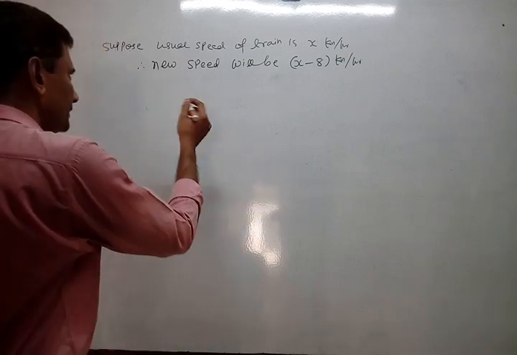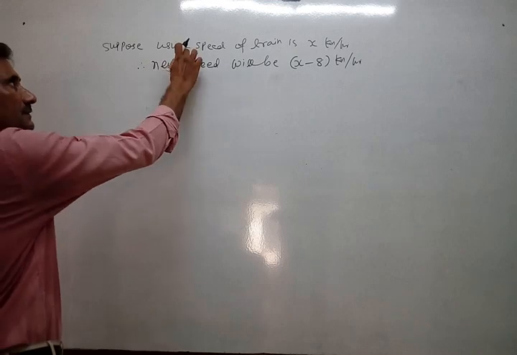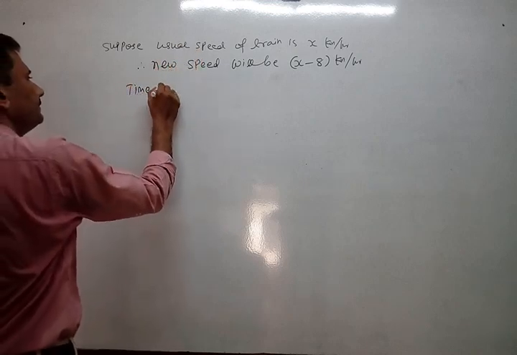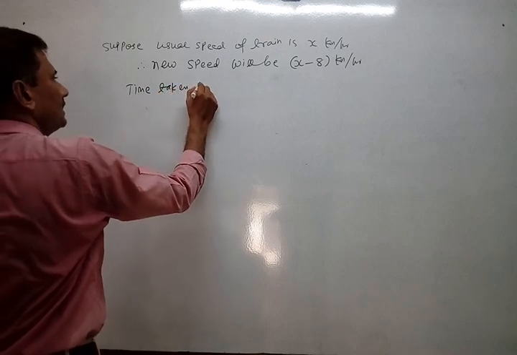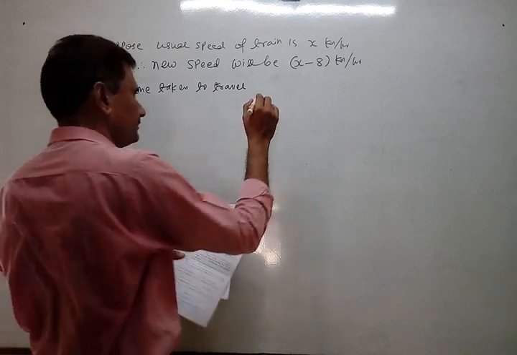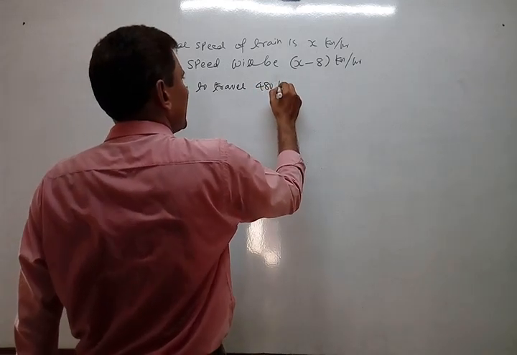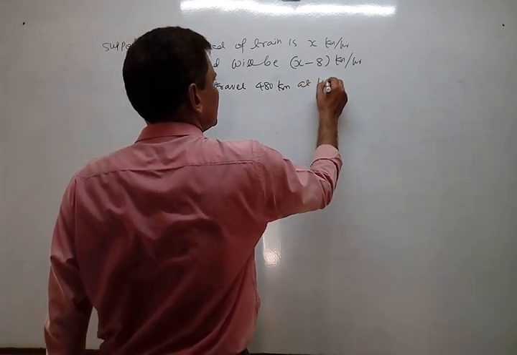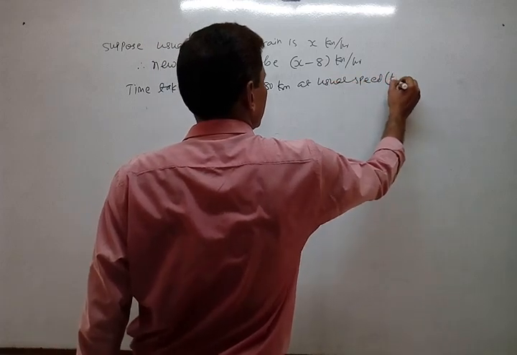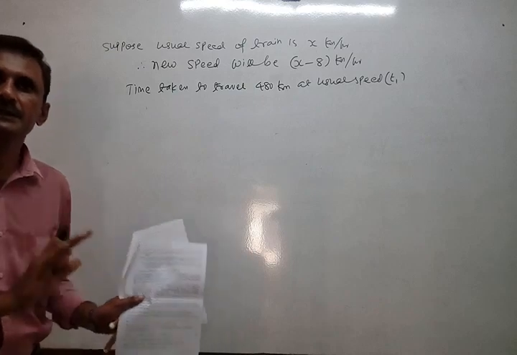So now two times, at usual speed and at new speed. So the time taken to travel 480 km at usual speed, usual speed means our normal speed, let it be T1.